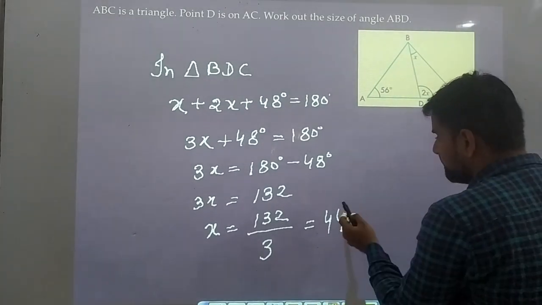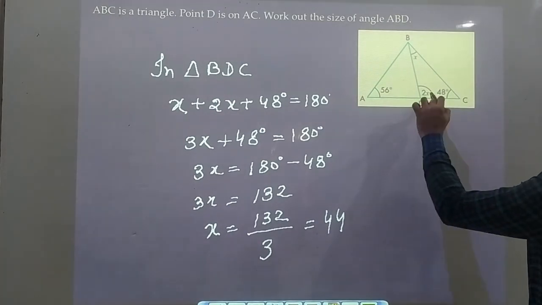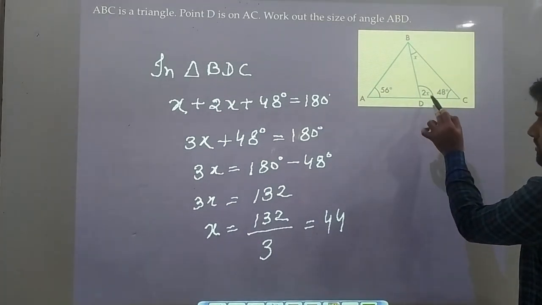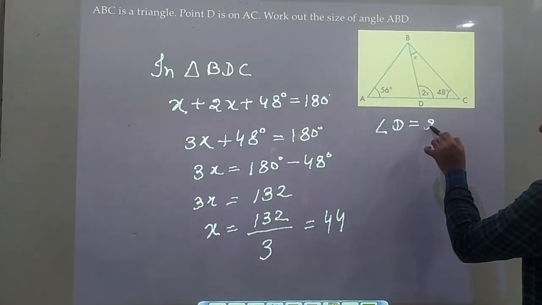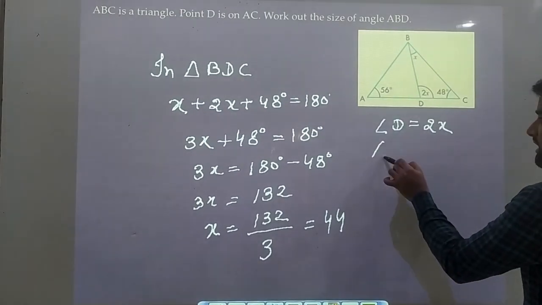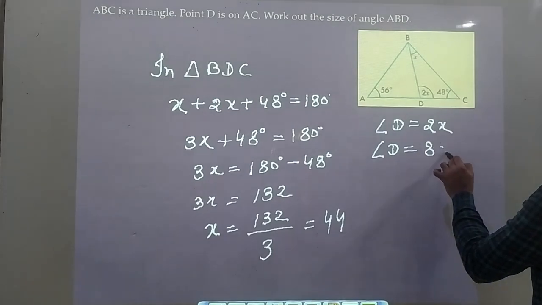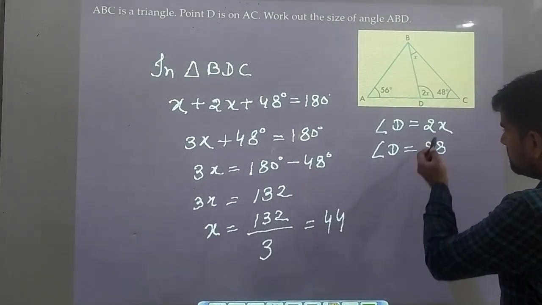If the value of x is 44, then this angle is 44 times 2, because angle D is 2x. So that means angle D is equal to 88 degrees, because 44 times 2 is 88.